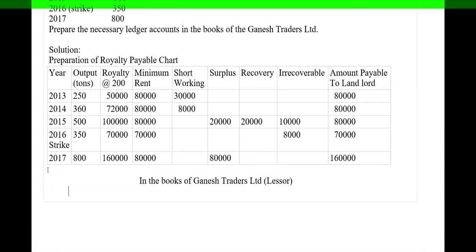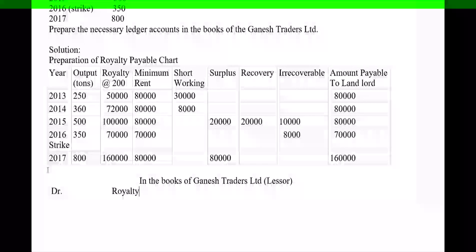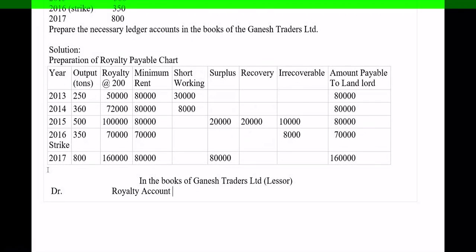So the first account let us prepare, that is royalty account. So royalty account here, credit. So let us insert here particulars, rupees.